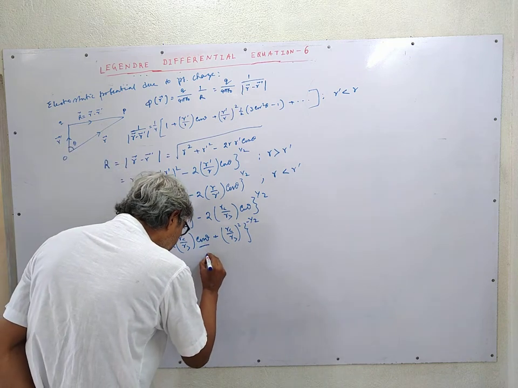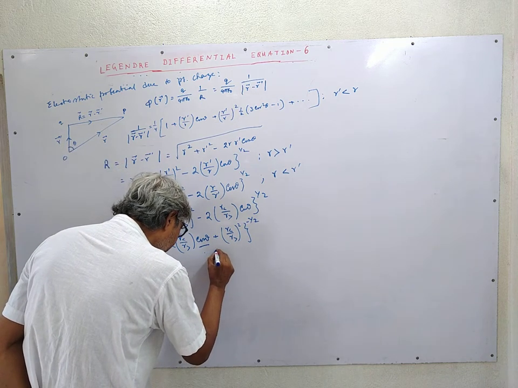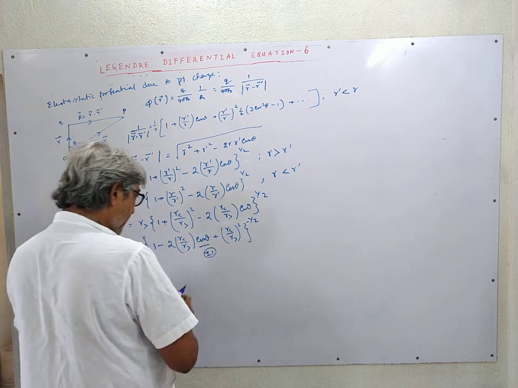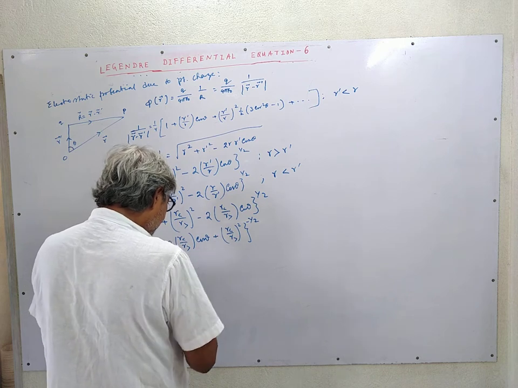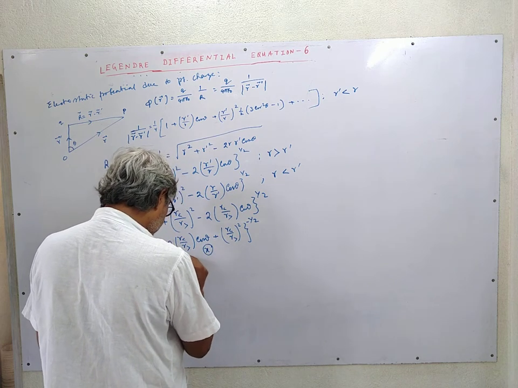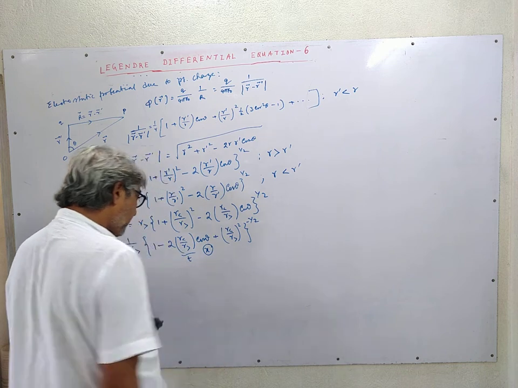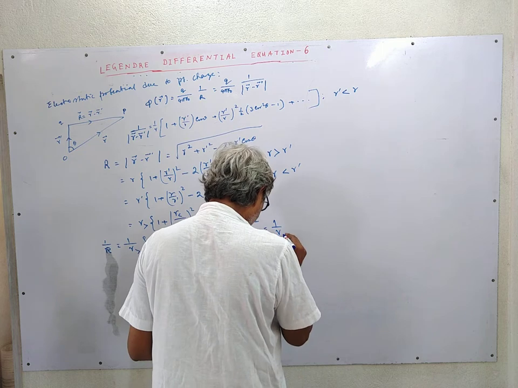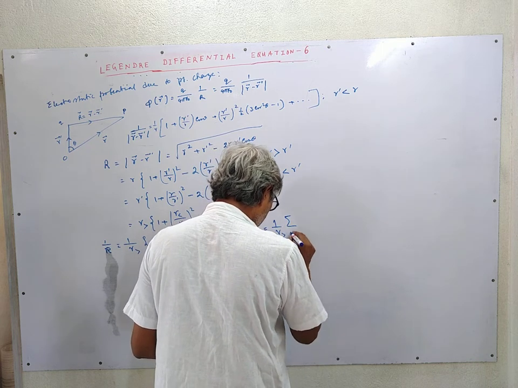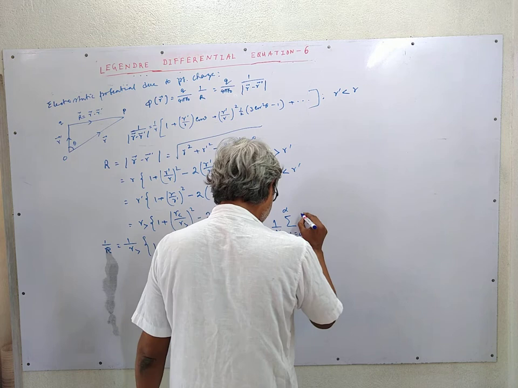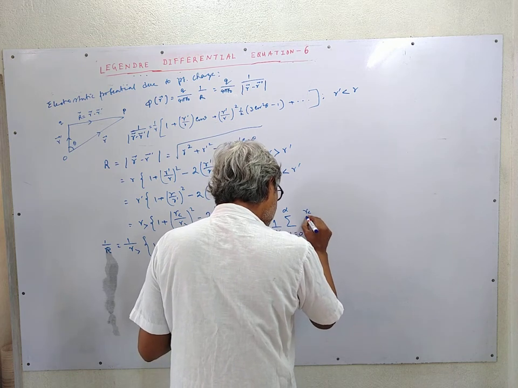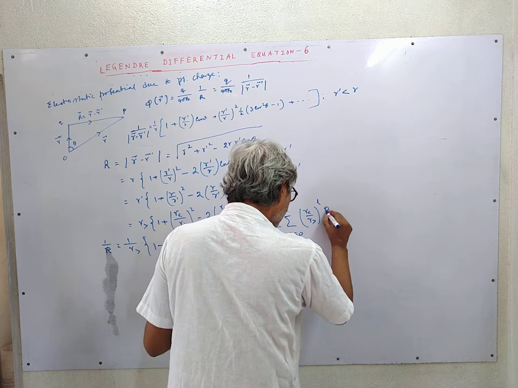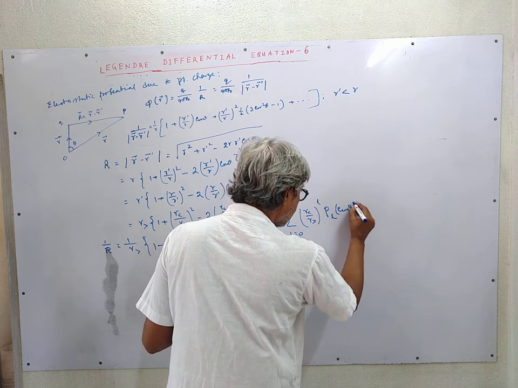Note that this value is within plus minus 1 and this is less than 1. So we can identify this as x of the generating function, and this is the parameter t of the generating function. With this we can write 1 by r greater, summation over L equal to 0 to infinity, r less by r greater to the power L, PL of cos theta.